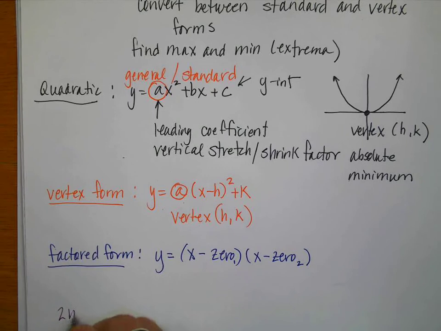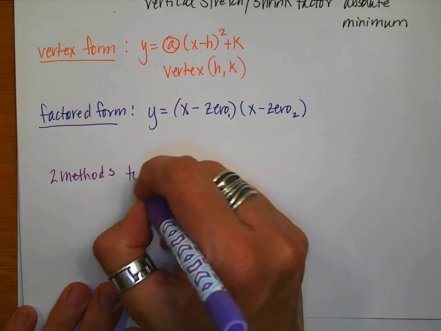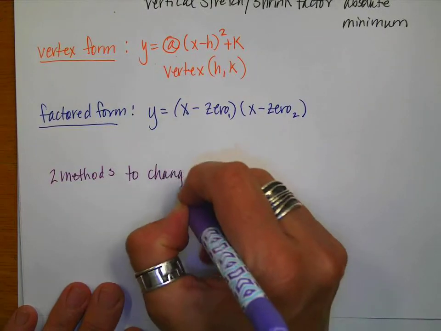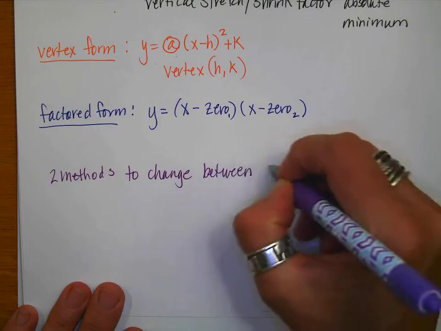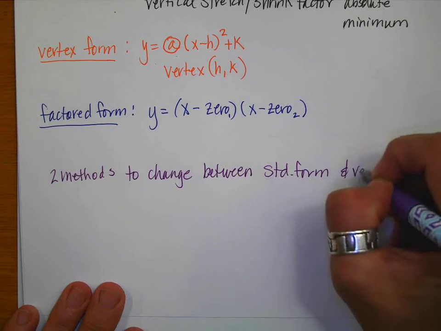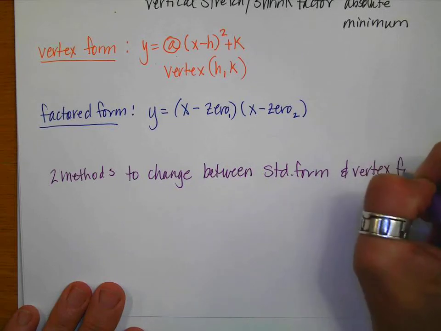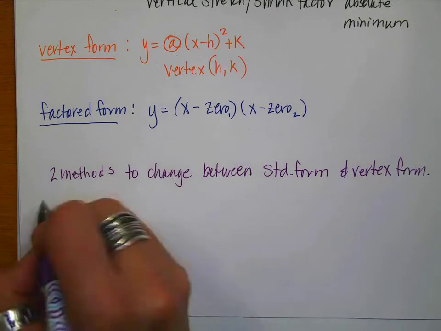So there are two methods to change between standard form and vertex form.